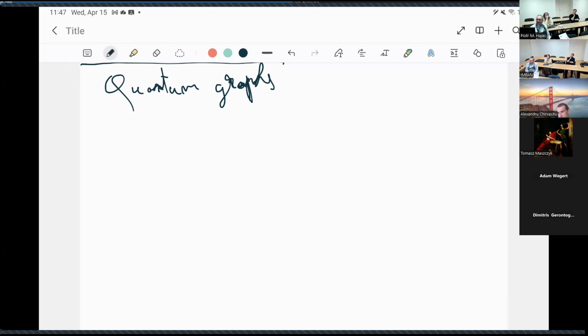Okay. So you think back to how you might define graphs classically, and you might define them as a symmetric binary relation at its most basic.